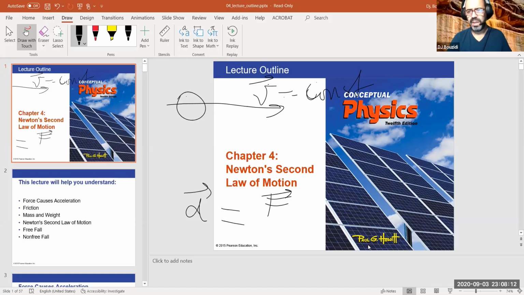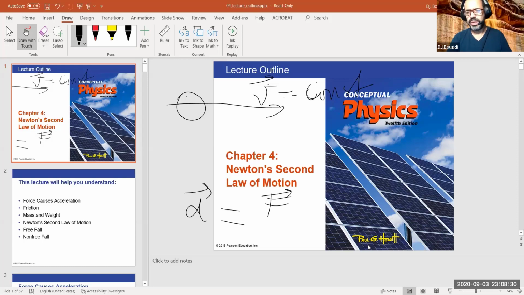And this relationship is proportional. That means if you double the force, you double the acceleration. You get twice as much effect from twice as much cause. If you halve the force, the effect is also halved. That's what this relationship is saying.